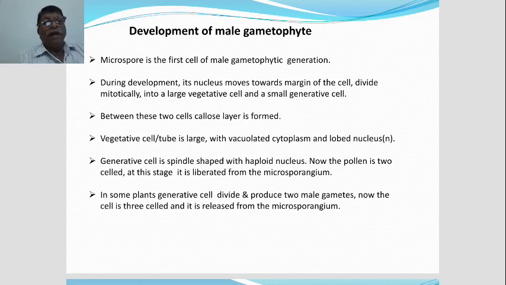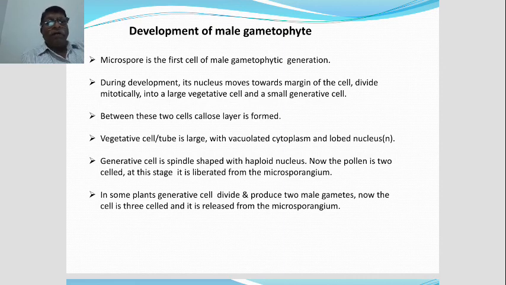Now, between these 2 cells, a layer is formed. This layer consists of a chemical called callose. A very important neat or CT point.